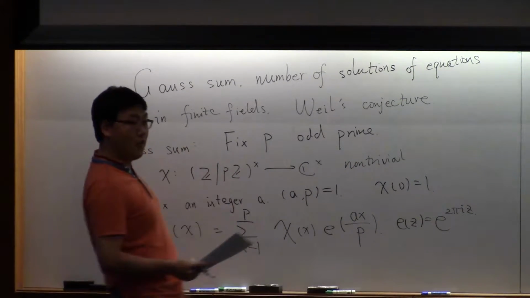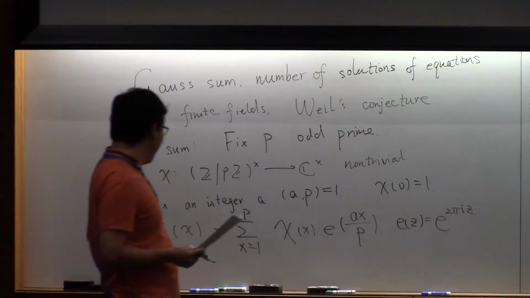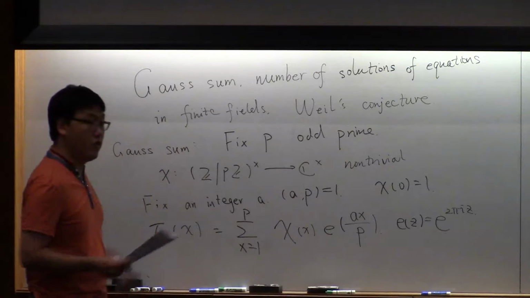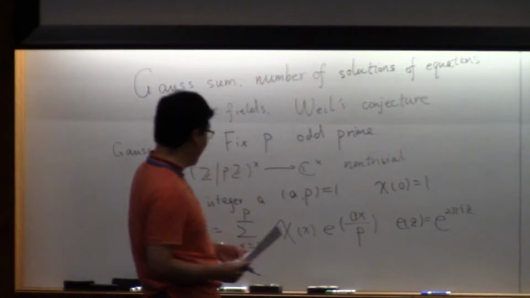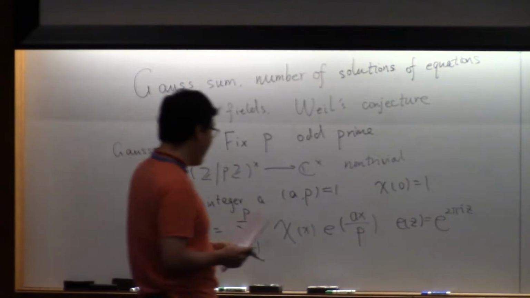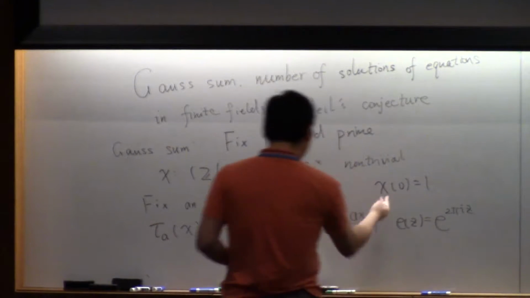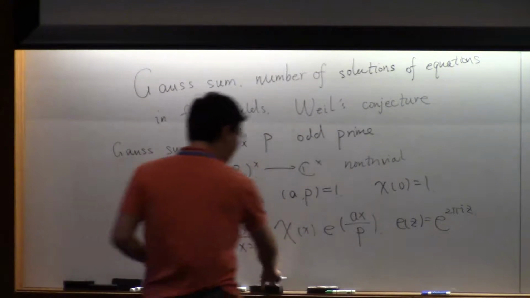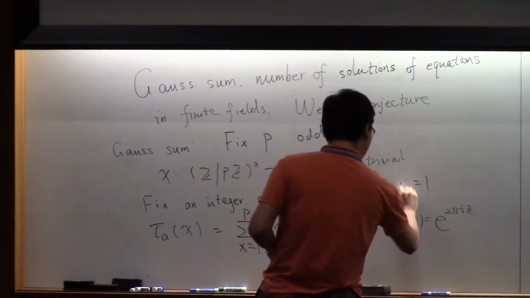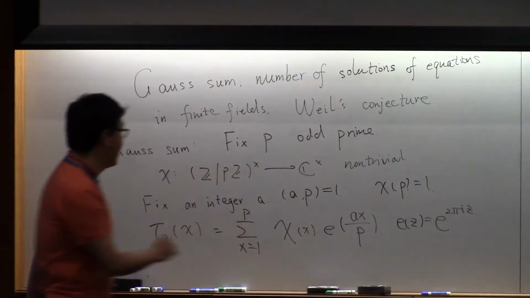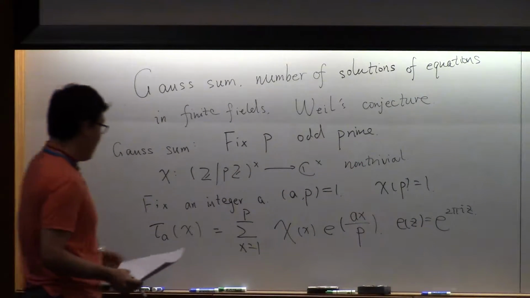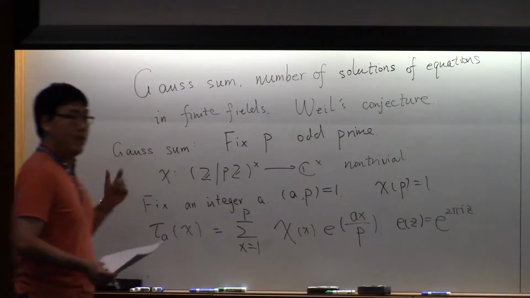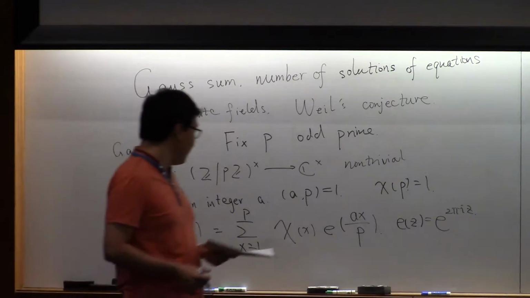This is not defined at 0, so I make this convention: if the integer is divisible by p, then I define it to be 1.